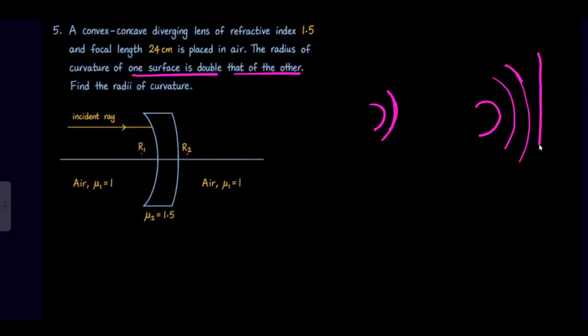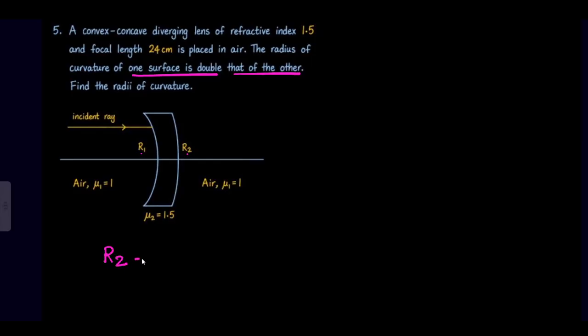Now the plane surface, what is its radius? Infinity. Whichever has more curvature has a smaller radius, and whichever seems straight has a larger radius. Now in these two, which has the higher radius? R2 is higher. So R2 is equal to 2 times R1, isn't it?